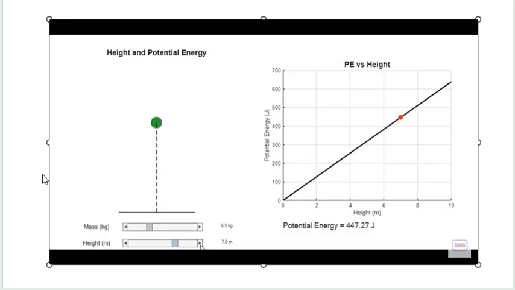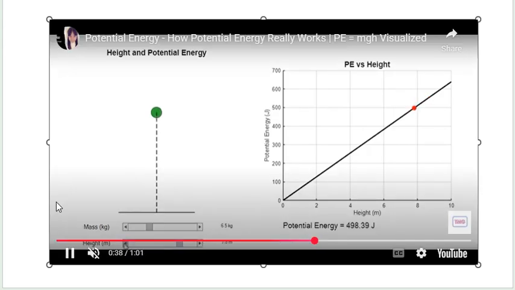Increasing the mass, as this video shows, is going to increase the stored energy. Potential energy is going to grow linearly with the height. Right now we're not having a square in our equation, so your graph is not a curve, it is a straight line, and it's still showing you the directly proportional relationship.